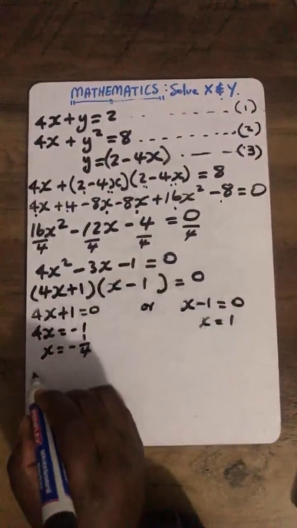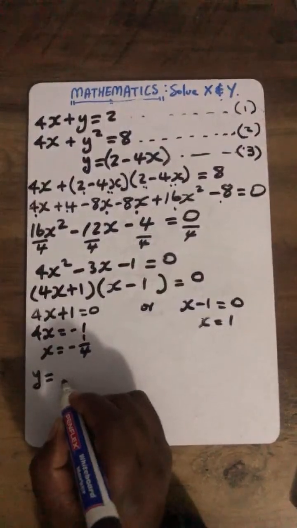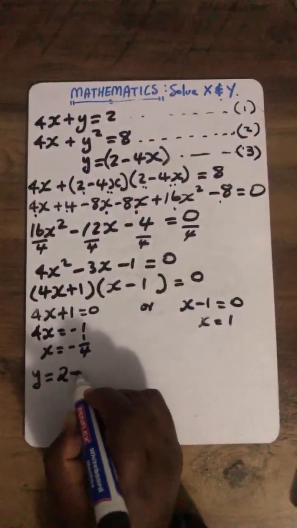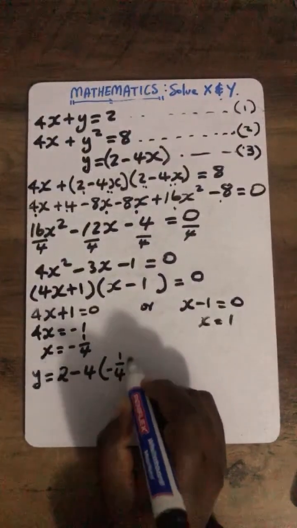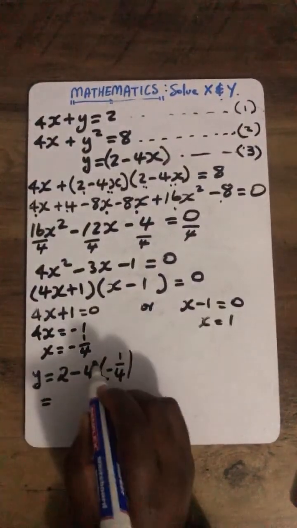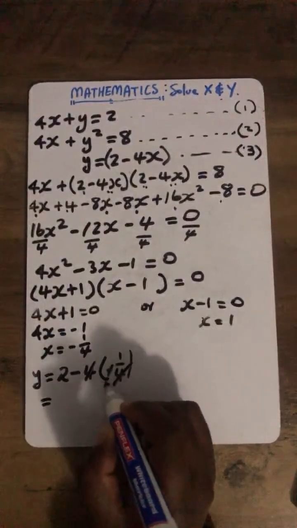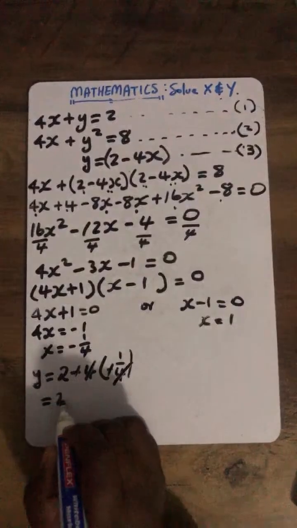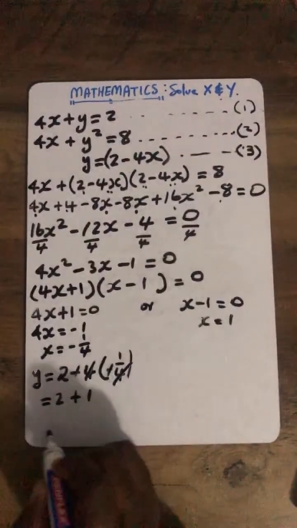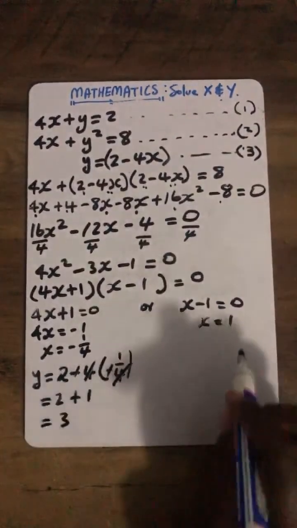So y will be equal to 2 minus 4 into negative a quarter. The negative will cancel with that, so you've got 2 plus 1, which equals 3.